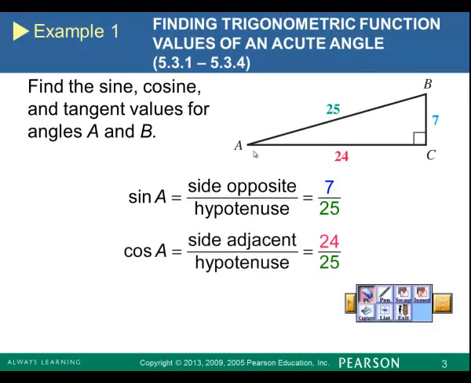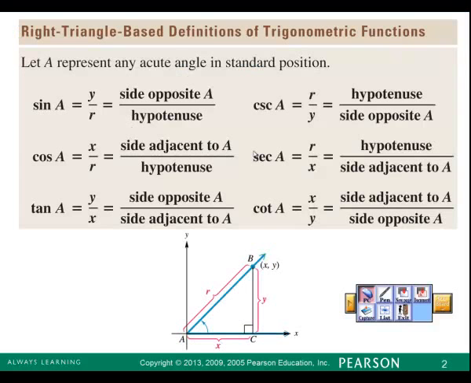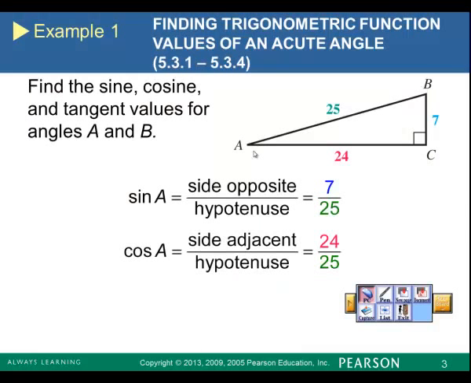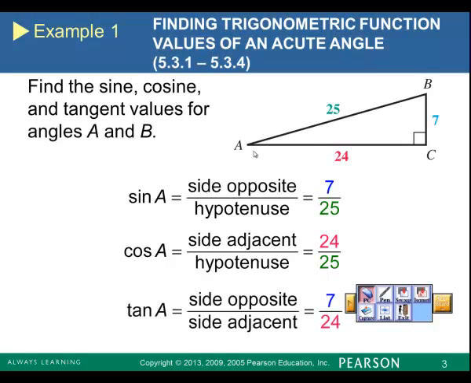Good, 24 over 25. And Harley, how about tangent? Remember now, tangent is what? Opposite over adjacent. So what would the value for tangent be? 7 over 24. Good.